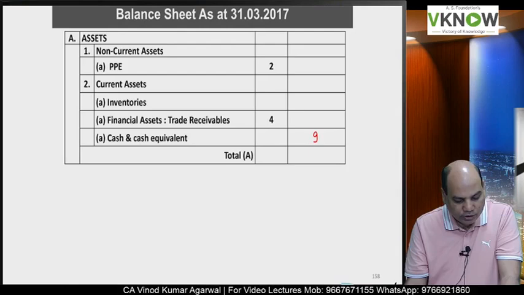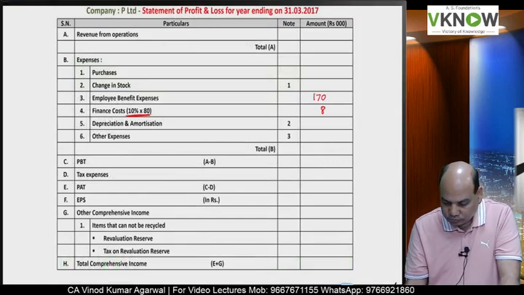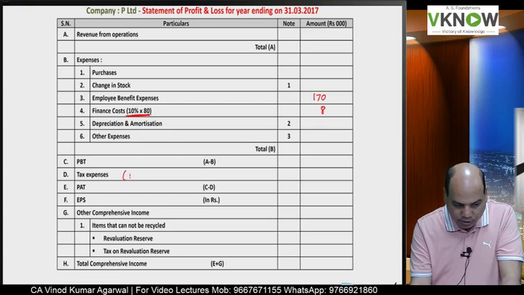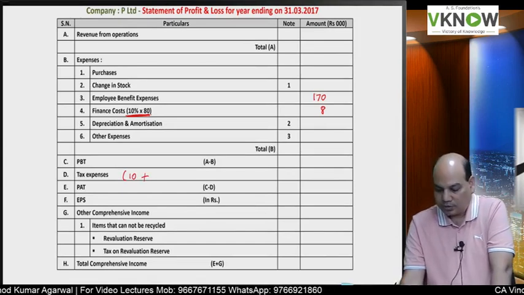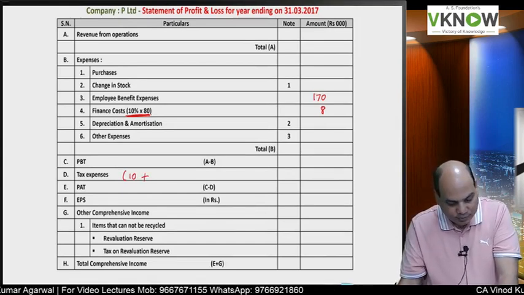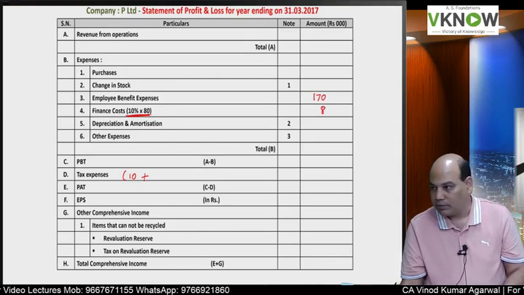Income tax. This is last year's income tax paid in this year. So come to the P&L account, tax expense. You write in bracket here 10 and plus, because current year also we have to consider. This is 10. Warranty provision is 90, but there is an adjustment, it says year-end warranty provision is 75.